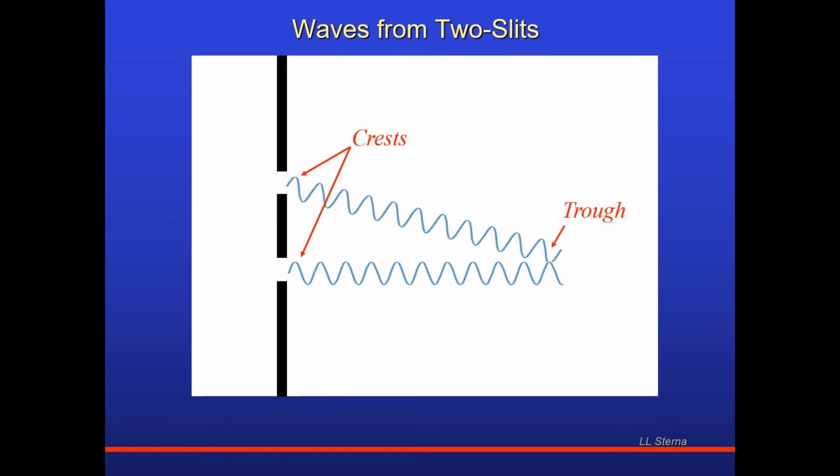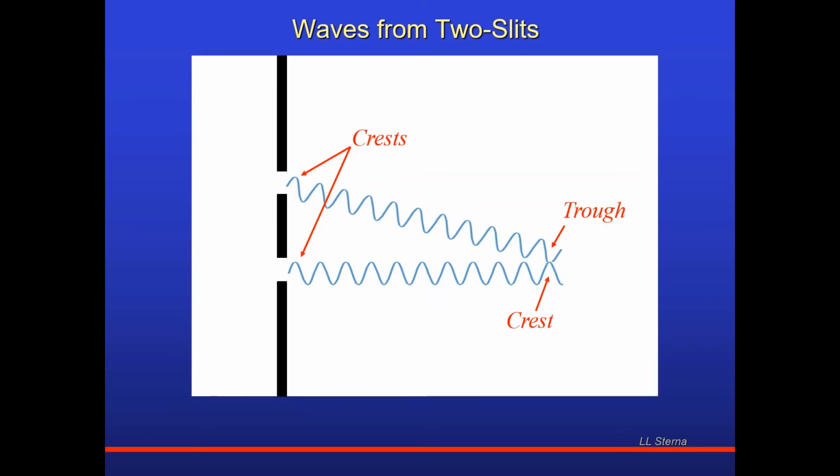So now, if you count all those wavelengths that one traveled, notice that for the upper wave, there's a trough that meets the crest of the lower wave. That means if you observe the two waves from the two slits at that point, if it was water, you'd see smooth water at that point because they cancel.